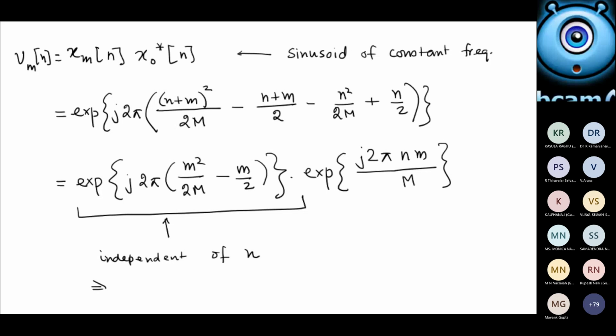So this implies that this is nothing but a constant phase multiplier. On the other hand, the second part is exponential j 2 pi m by M times small n. So this is a discrete time pure sinusoidal signal. There is only a single frequency.